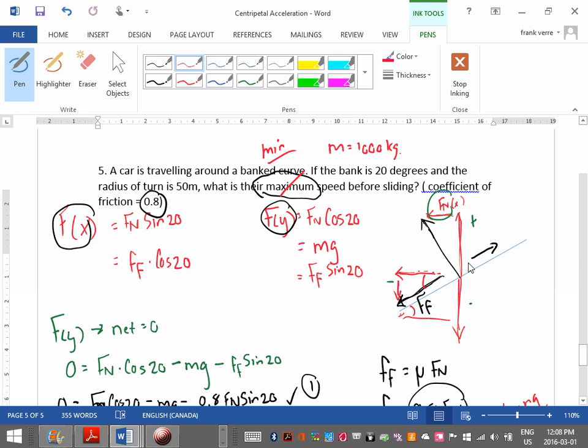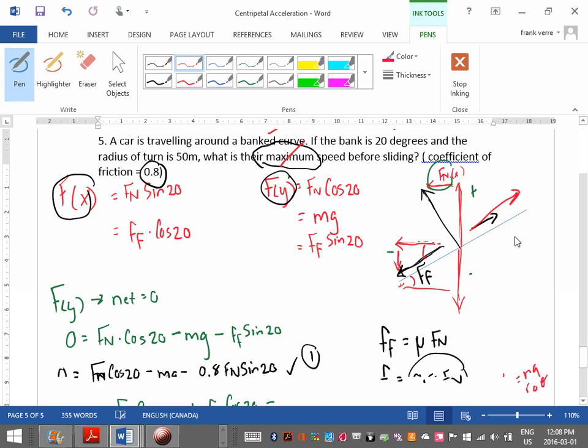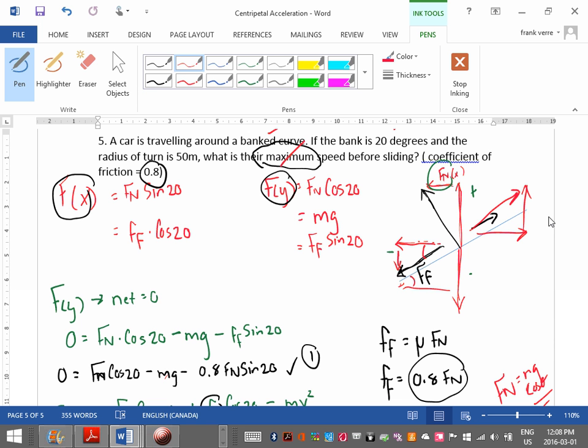It would be pointing away from the circle and actually up against gravity. Why? Because minimum speed means that you're not going fast enough, so you're going to start to slide down the ramp, right? And we know that friction always acts opposite of motion.